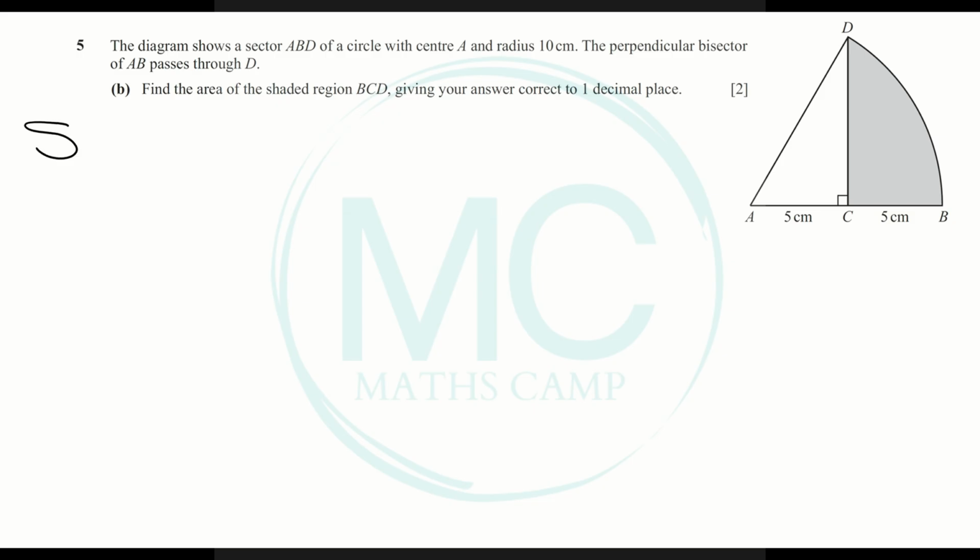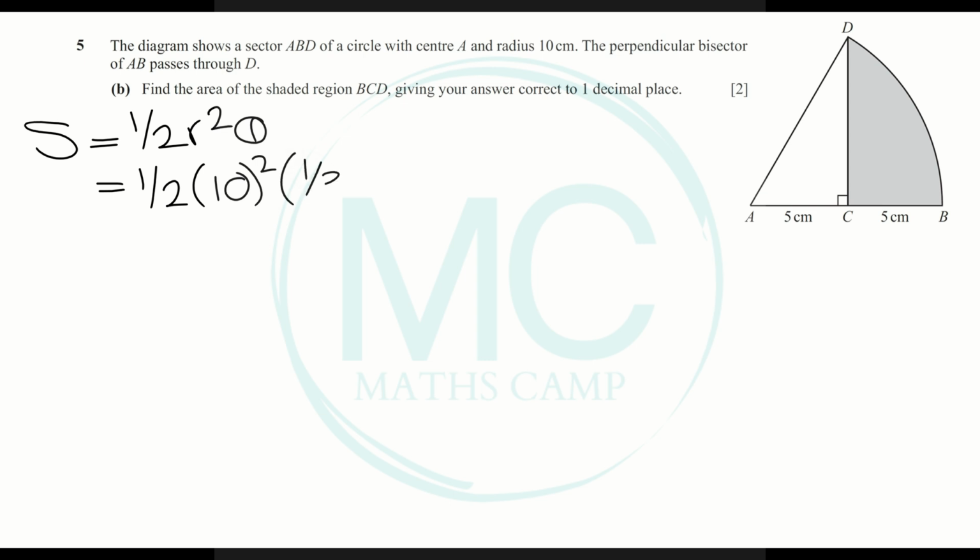For a sector, we use the formula 1 over 2 r squared theta. So in this case, we have 1 over 2. We know that r is 10 squared. And we found angle A, our value for theta, is 1 over 3 pi.